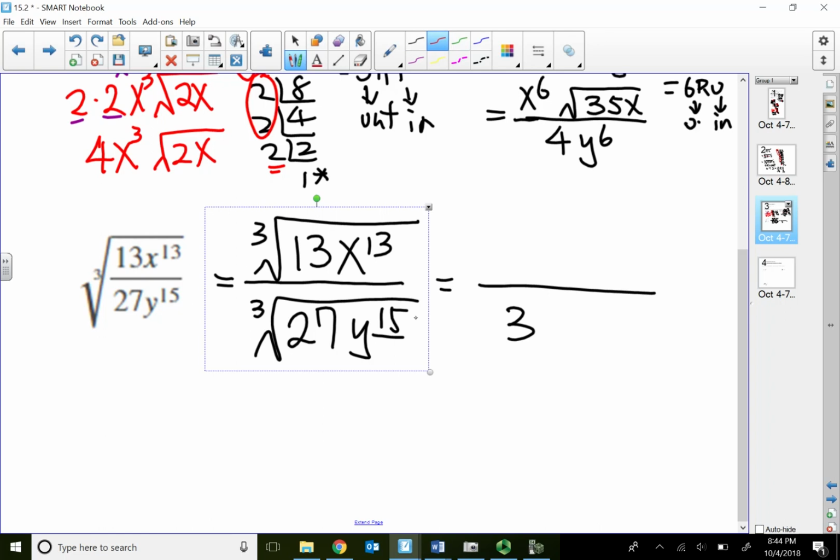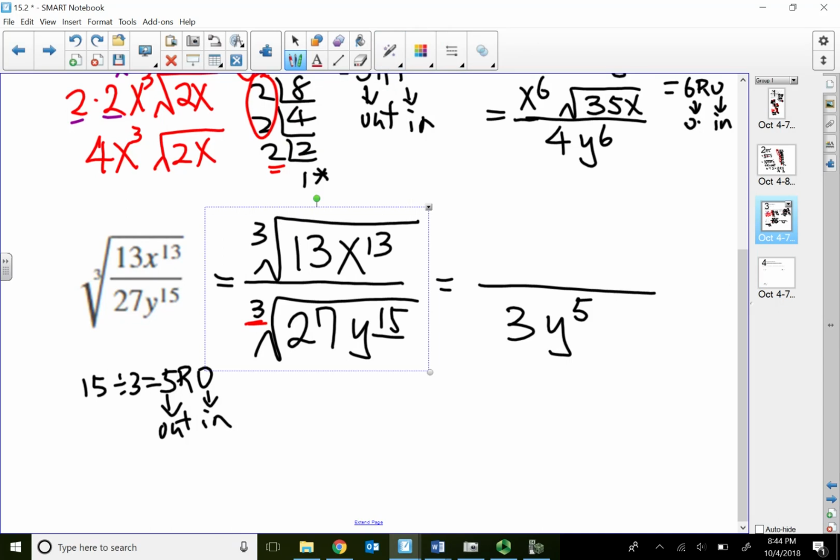There are 15 y's inside my cube root here. If I take that divided by the root, 15 divided by 3 is exactly 5, remaining 0. So y to the 5th goes out. None of them stays in. That means there's no more radical. I keep forgetting to mention that from time to time. When everybody goes outside, then there's no more cube root. I think you can do the exact same way and, at the very end, add the cube root back onto it. No, you cannot do that. The whole point is to see who goes out and who stays in. The 3 and the y to the 5th are the ones that came out.